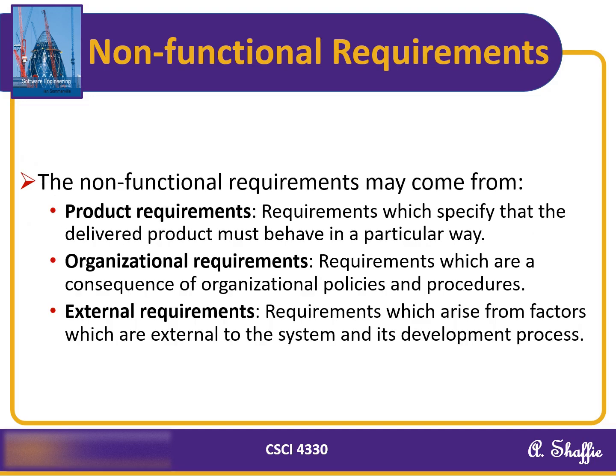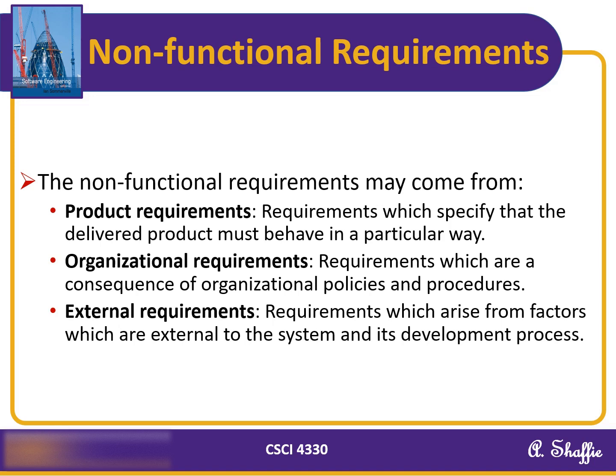The non-functional requirements may come from required characteristics of the software. We call it product requirements. Or from the organization developing the software. We call it organizational requirements. Or from external sources. We call it external requirements. So product requirements specify that the delivered product must behave in a particular way. For example, execution speed, reliability, safety, performance.